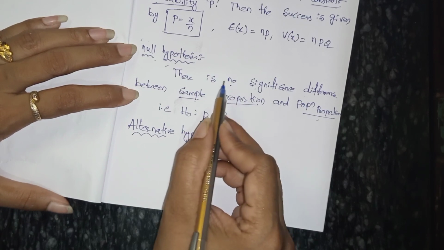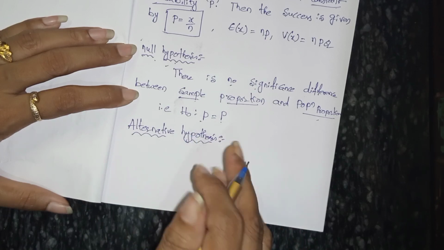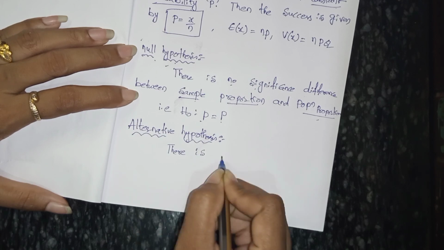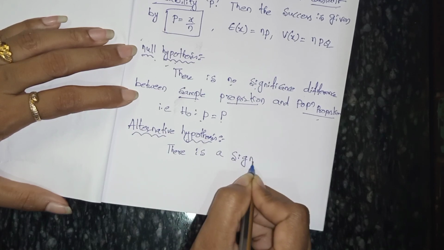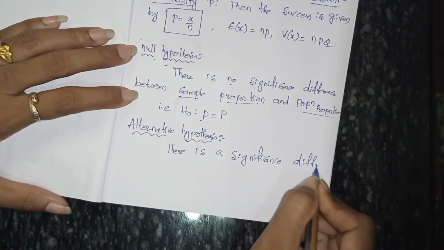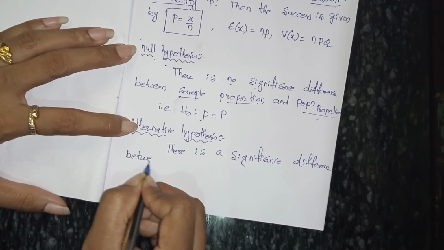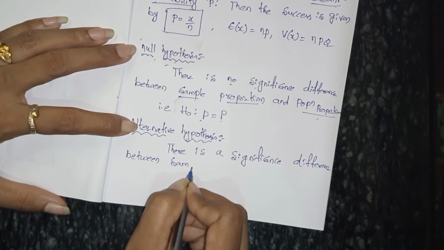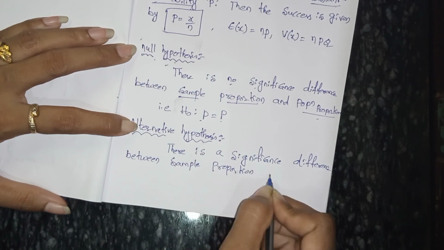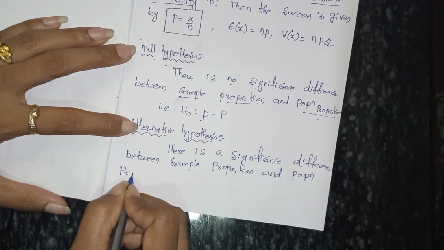In the null hypothesis we said there is no difference; here we have to write that there is a significant difference between sample proportion and population proportion.